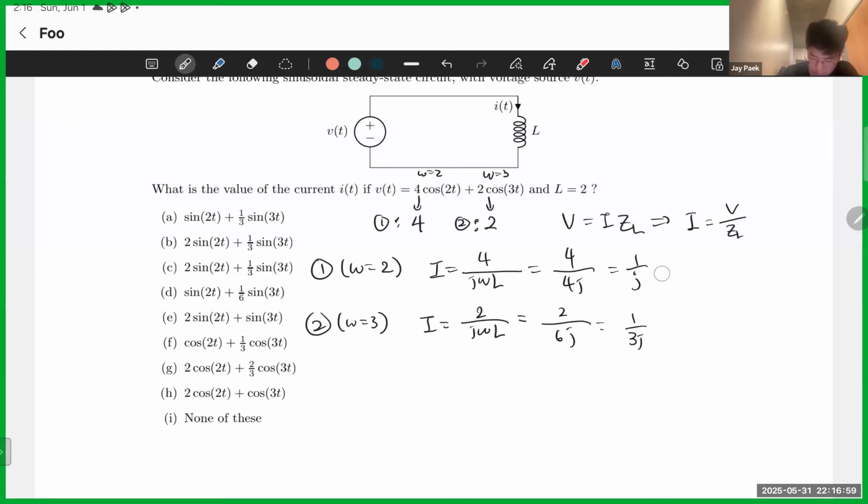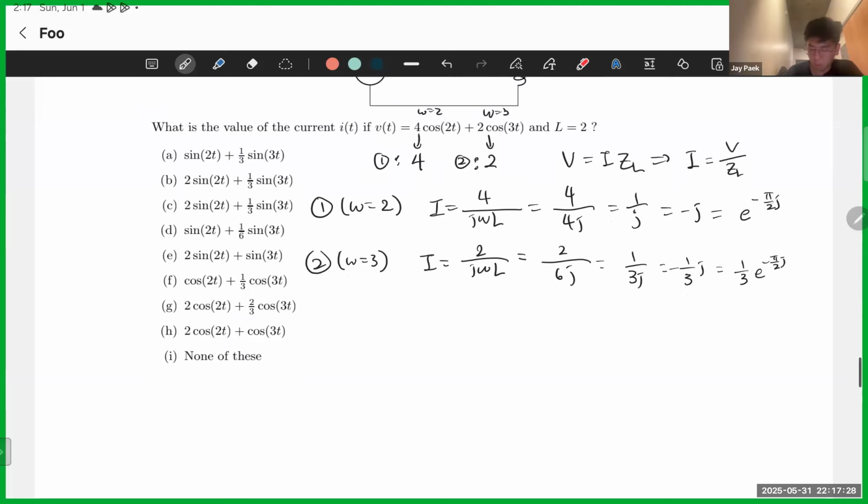And I will convert this to polar form. And so now we have the polar form. So for one, we have the phasor form.